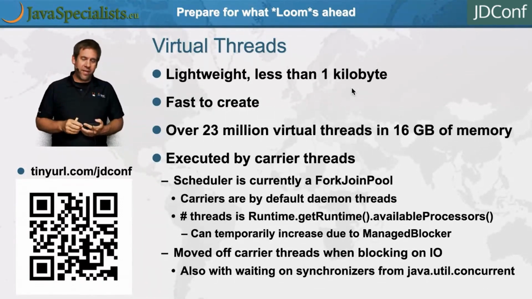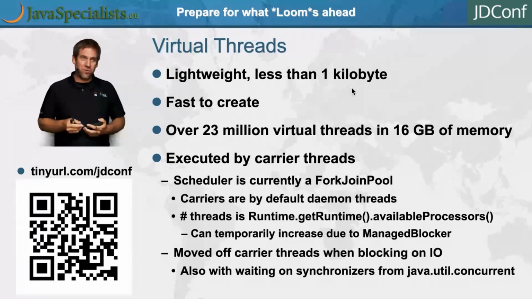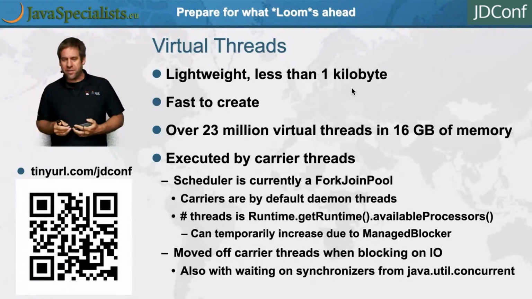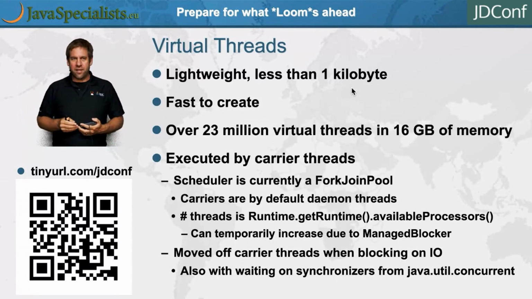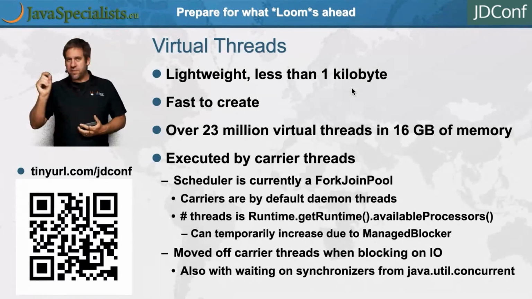However, you'd have to be careful because we managed to exceed the queue size of the tasks on the fork join pool. So we actually created too many virtual threads too quickly, and the task queues of the fork join pool are limited to 64,000 tasks. And so we actually blew that budget. You've got to be careful.